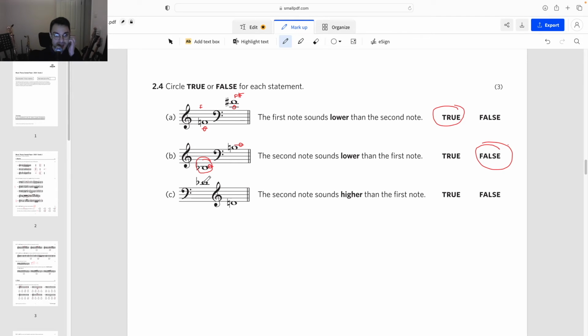So this is a D flat, one semitone above middle C. This is a D natural, one tone above middle C. So this note is a semitone higher than this note. The second note sounds higher than the first note. Yep, it's higher by one semitone. True.